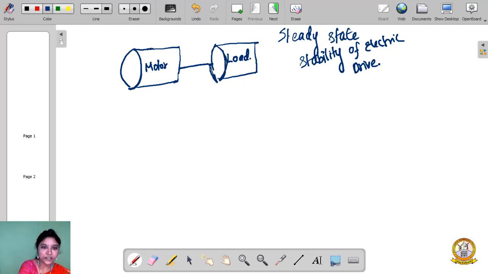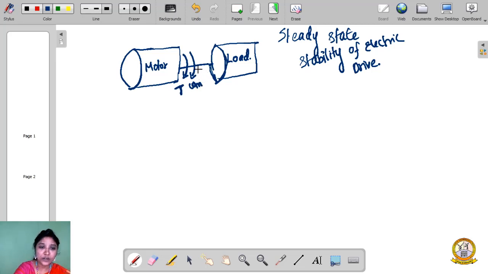Here we are connecting a motor to the load, and as the motor rotates, the load connected with it undergoes translational motion, isn't it? Now what is the torque acting in this motor? The torque is given by T and it represents the motor torque, and it has an angular velocity omega m.